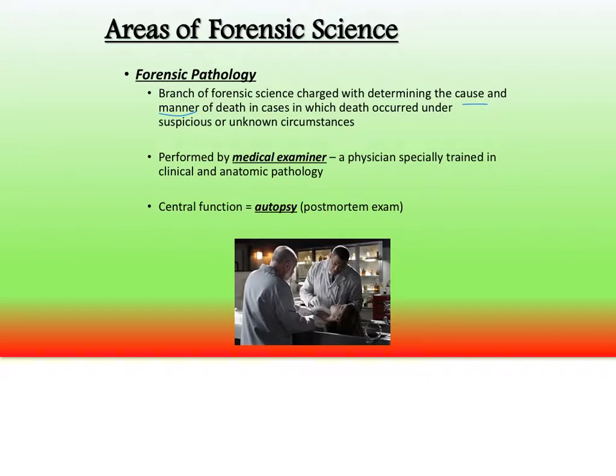Manner of death then could be homicide, if it was murder, suicide, if it was self-inflicted, or accidental, if it was an accident. So cause of death is a little more specific. Manner of death becomes a group thing: how and why did the cause happen?